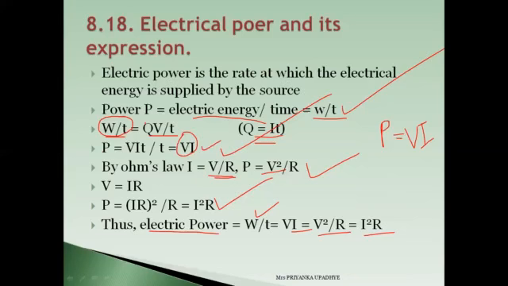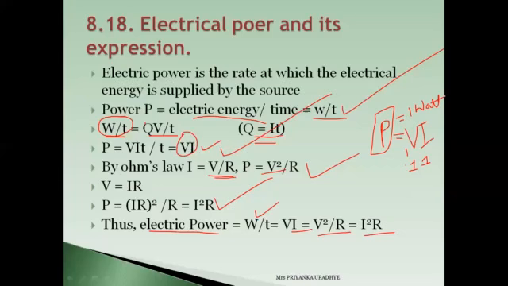That is, 1 watt is the electric power consumed when 1 ampere current flows through a circuit which is having potential difference 1 volt. When potential difference 1 volt is applied across the circuit and 1 ampere current flows through the circuit, then whatever power we are getting will be equal to 1 watt.